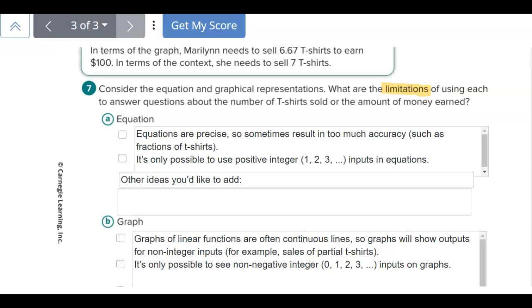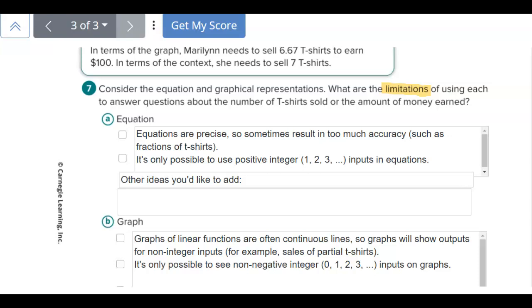Is this also true that it's only possible to use positive integers in equations? When we substitute values in to the equation for t, are we only allowed to plug in 1, 2, 3, or could we also plug in fractions and decimals and negative numbers and zeros?